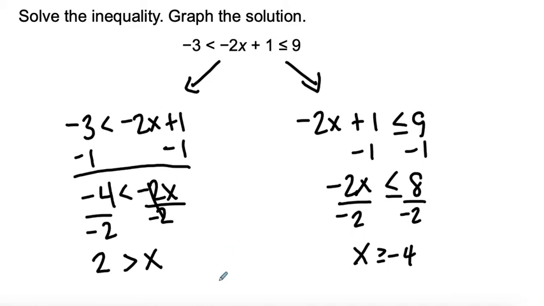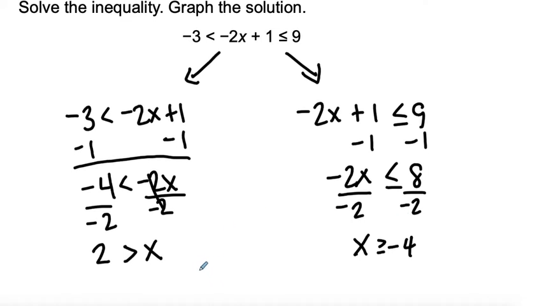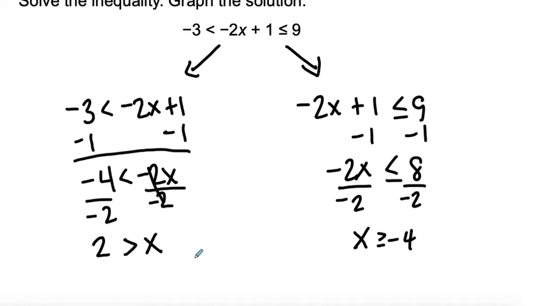So now when we go to graph this, you have to think about your number sense a little bit here. I can see that negative 4 is my smallest number, 2 is my largest number, so I'm going to start off at negative 4, and I'm going to count up by 2's.